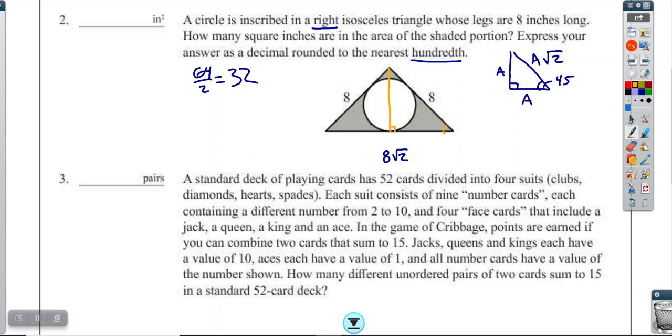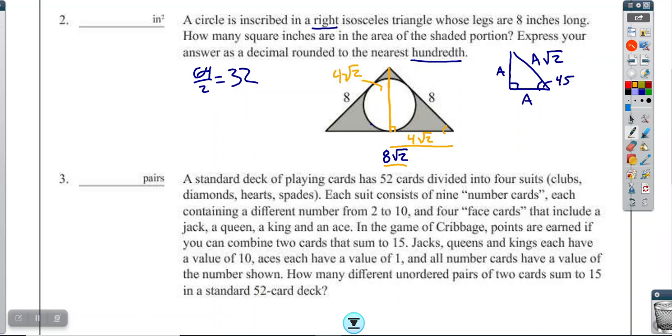This is still 45 degrees, so I have another isosceles right triangle, but I know that this whole distance from here to here is going to be half the 8 root 2, so I know this distance is 4 times the square root of 2. Alright, great. So I know that this distance here is also going to be 4 times the square root of 2.